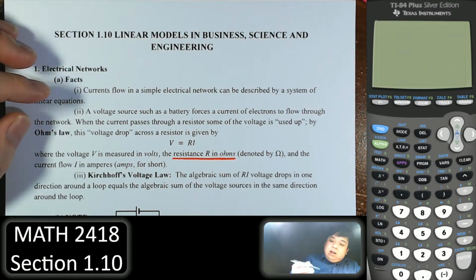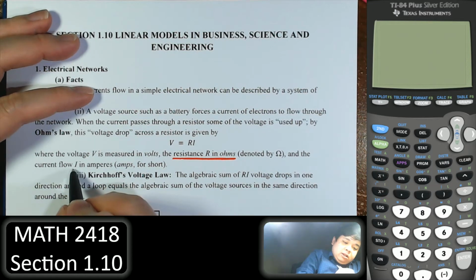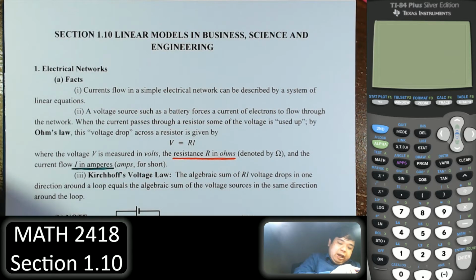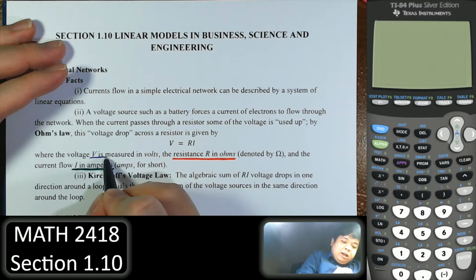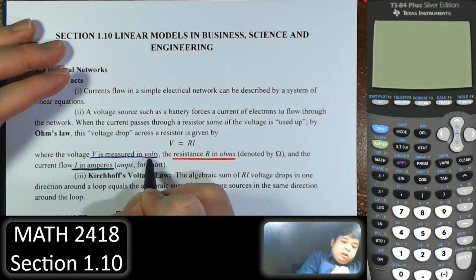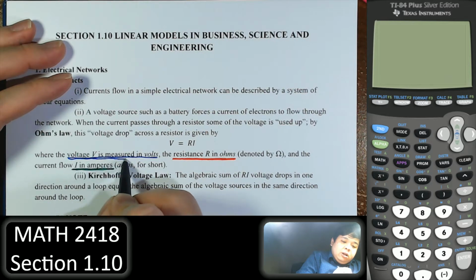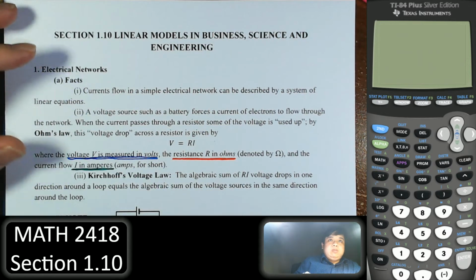I is the current, and the unit is amperes. And V is the voltage, denoted in volts.